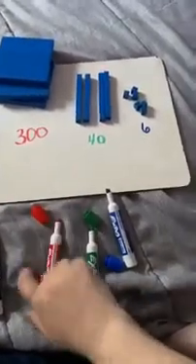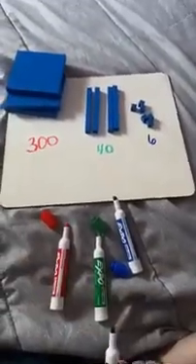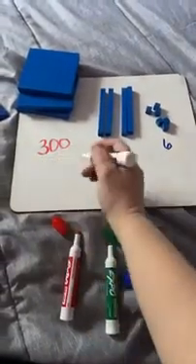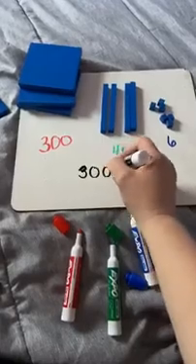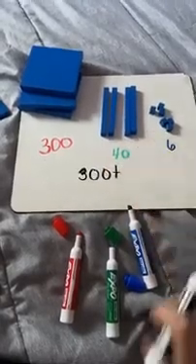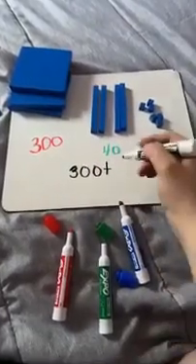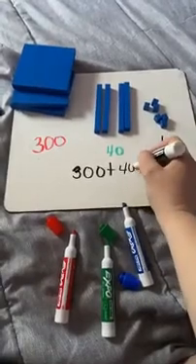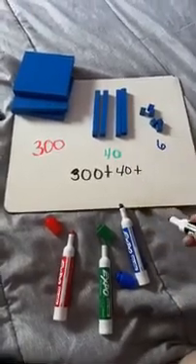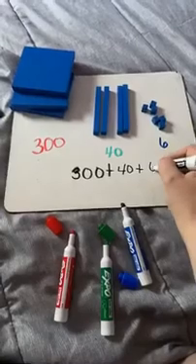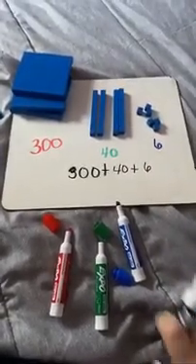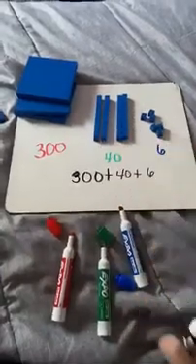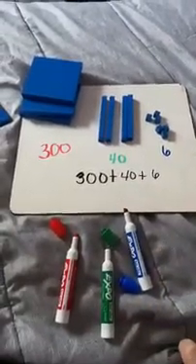Now I want to write out my number. So how can I write this to figure out my answer? Well, how many hundreds do I have? You're right, I have 300 plus how many tens? Right, 40 plus how many ones? 6. Okay, so there's my number written in expanded form or written out with my hundreds, my tens, and my ones. But I want to take it one more step farther.